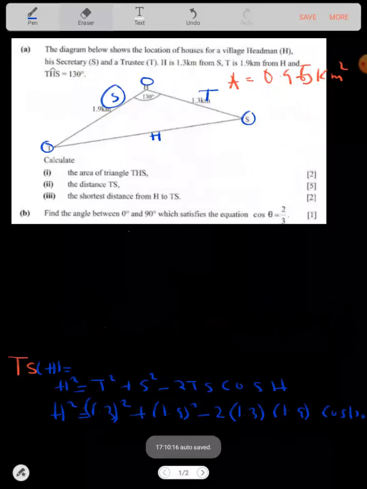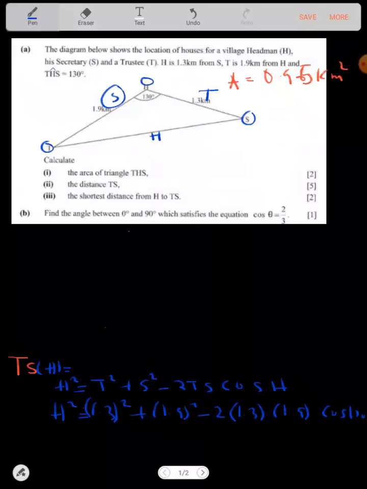So I'll be working out step by step. 1.3 squared plus 1.9 squared. You are getting H squared equal to 5.3 minus, now we need to multiply this, including cos, keeping the negative still there.